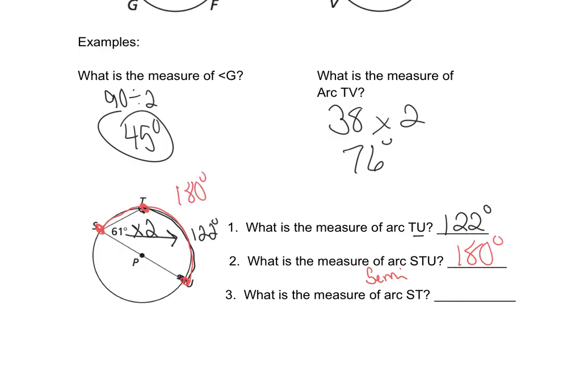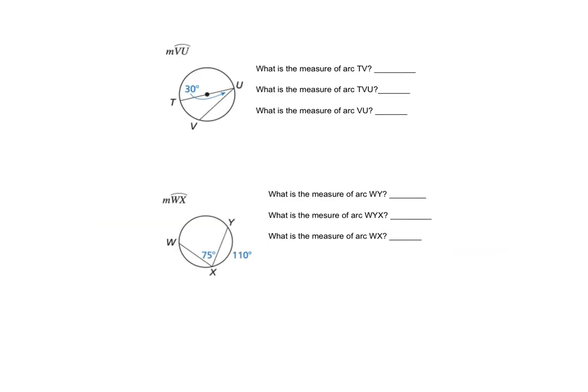If I just want this little guy right here, that ST, all I'm going to do is take that whole semicircle and subtract what I know. And 180 minus 122 is just 58 degrees. Okay, nice, short and sweet little lesson we have today. So we are just going to look at a couple more examples here.